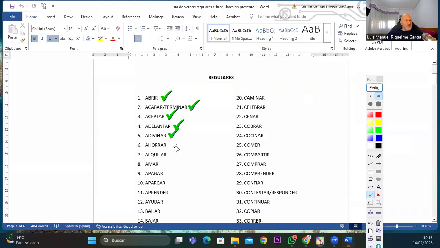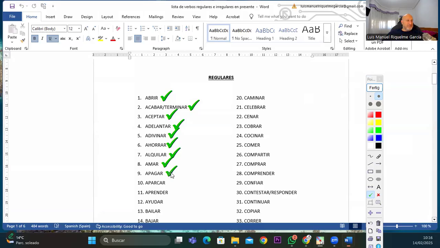Ahorrar, to save money or to save time. Alquilar, to rent or to hire. Amar, to love, but love only in terms of people, to love people. Apagar, to turn off or to switch off.